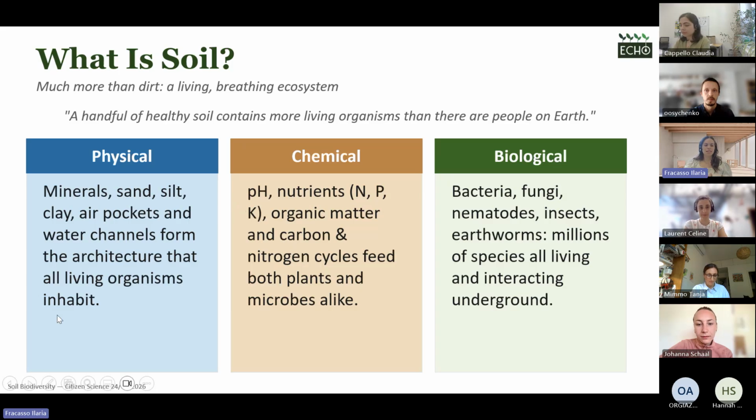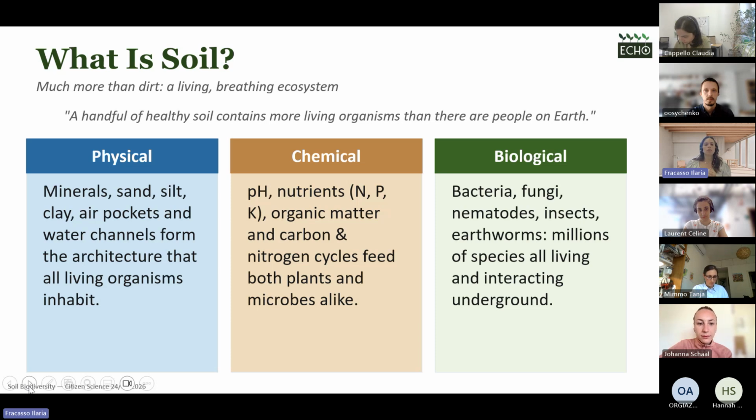So what is soil? I think that for most people, soil is just dirt, but in reality, soil is three things at once. Soil is a physical structure because it is represented by an architecture formed by different minerals: sand, silt, and clay.